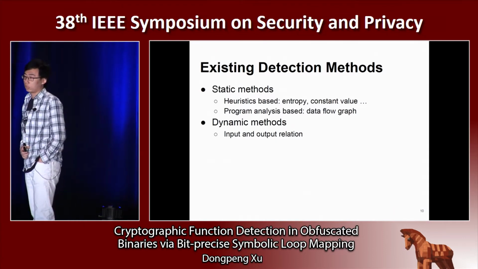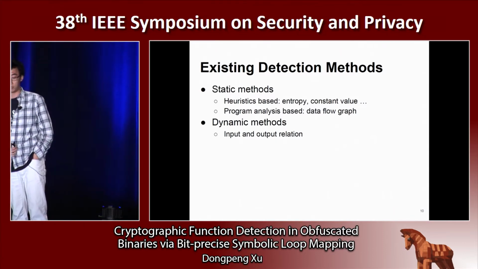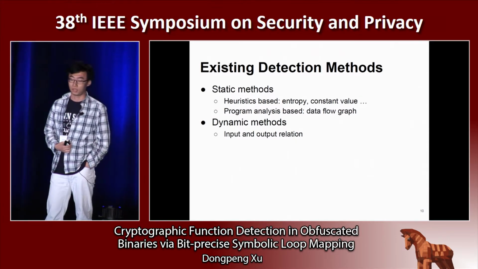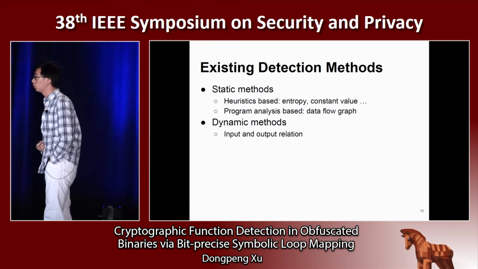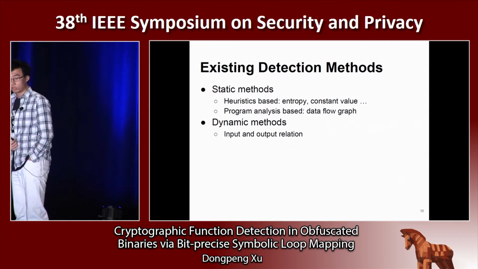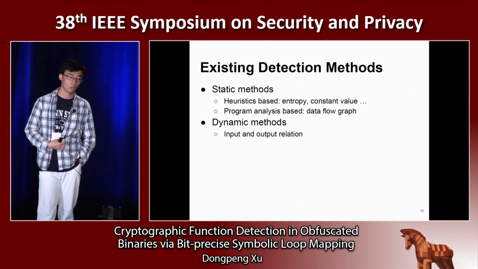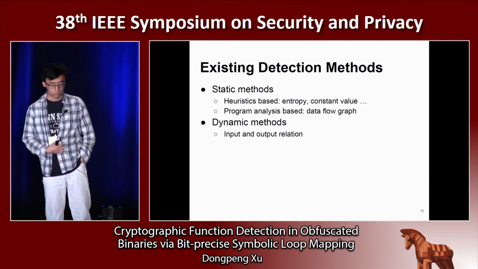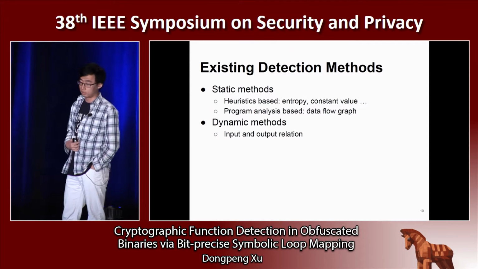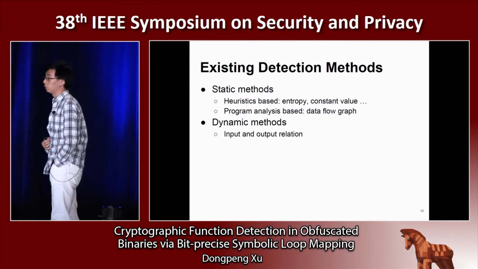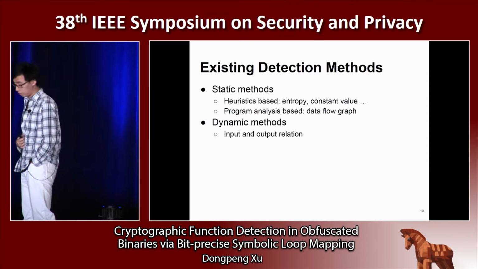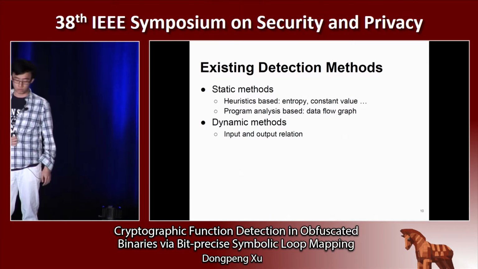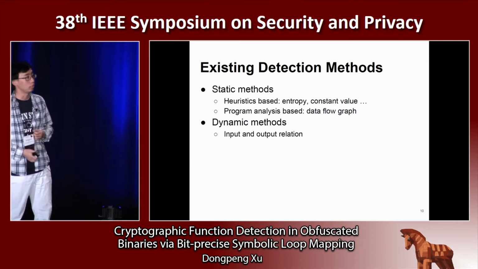They detect crypto functions by using heuristics like entropy and magic constant values. Another group of static methods is program analysis-based. They use signatures like data flow graphs to identify the crypto functions. On the other hand, most dynamic methods rely on identifying the input and output relations.